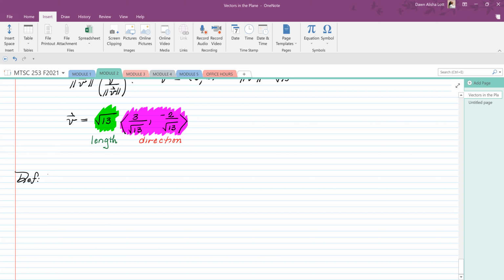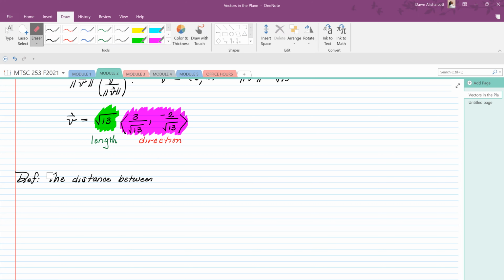I want to do an example. I like this example too, because I think of this example every time I do this problem.